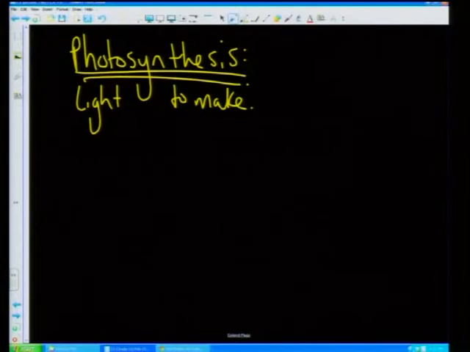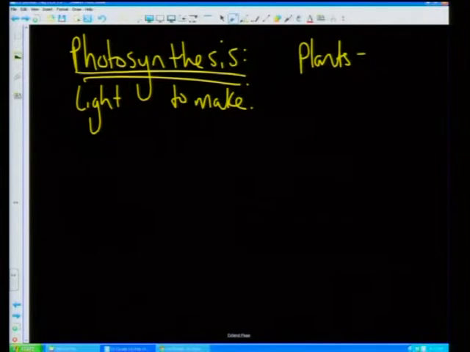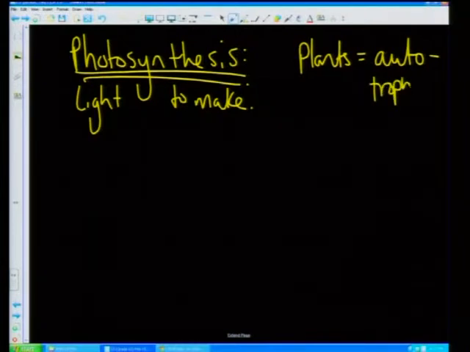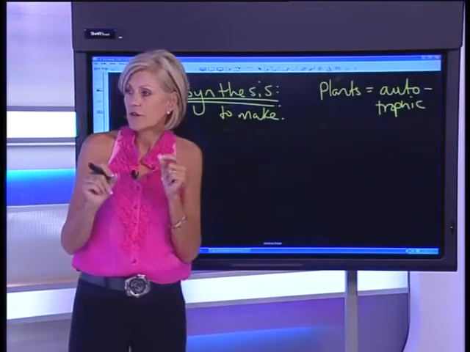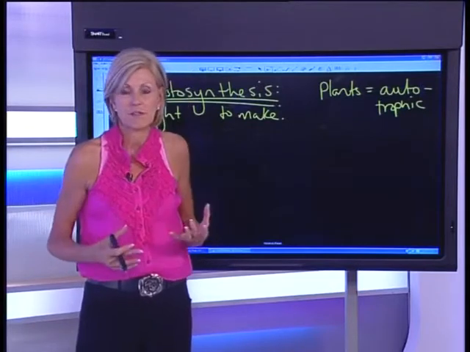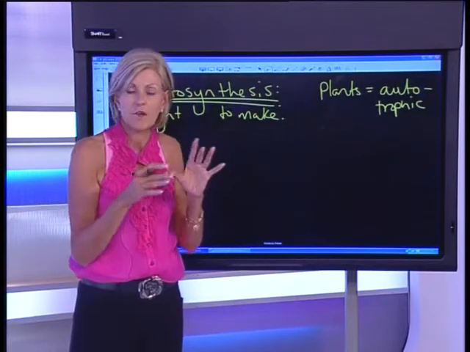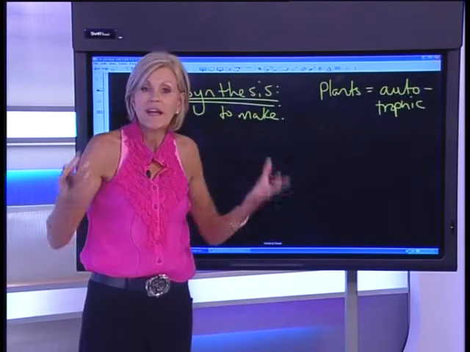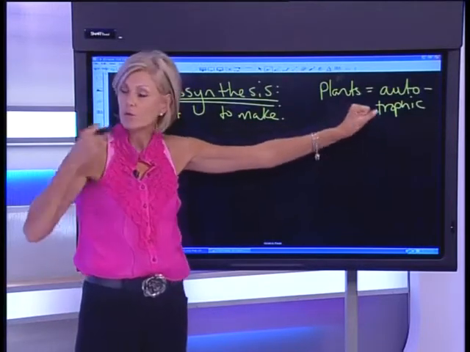Now remember, plants are autotrophic, which means that the plants produce their own food. Okay? You don't see plants with a mouth and a digestive system. Your Venus flytraps, yes, and a couple of those kind of coniferous plants. But for the rest, plants are autotrophic. They produce their own food.